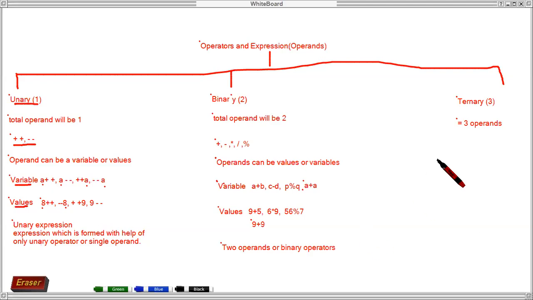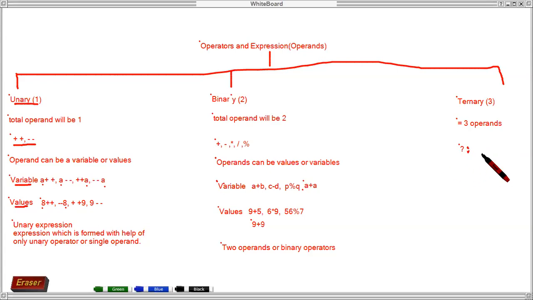The kind of operator which is available here is only this type: a question mark followed by a colon. If the colon is not visible, I'll just make it bigger for you to understand.